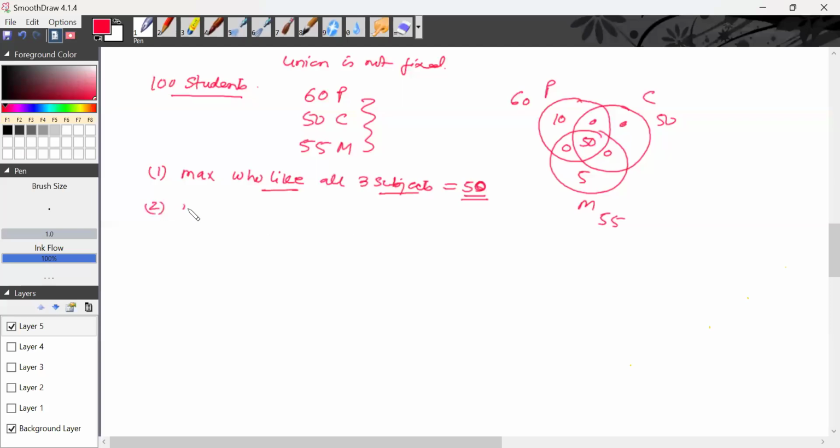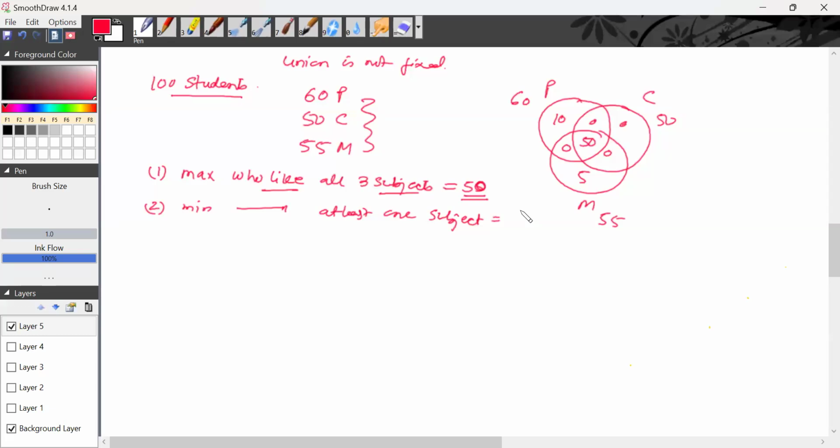Similarly, if I want to find the minimum number of people who like at least one subject, क्या आएगा आंसर? At least one minimum number of people. नहीं भाई, मिनिमम पूछ रहे हैं ना.